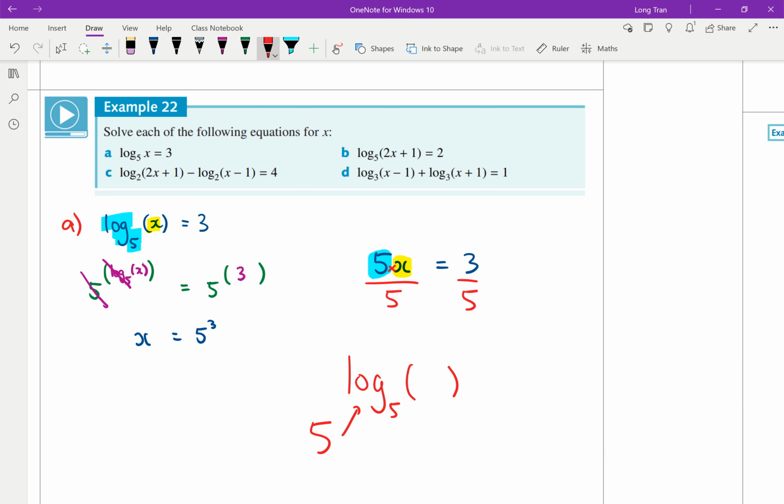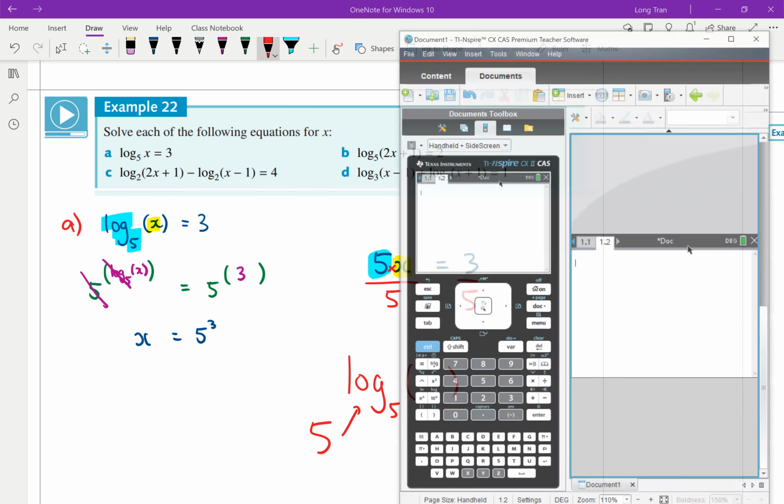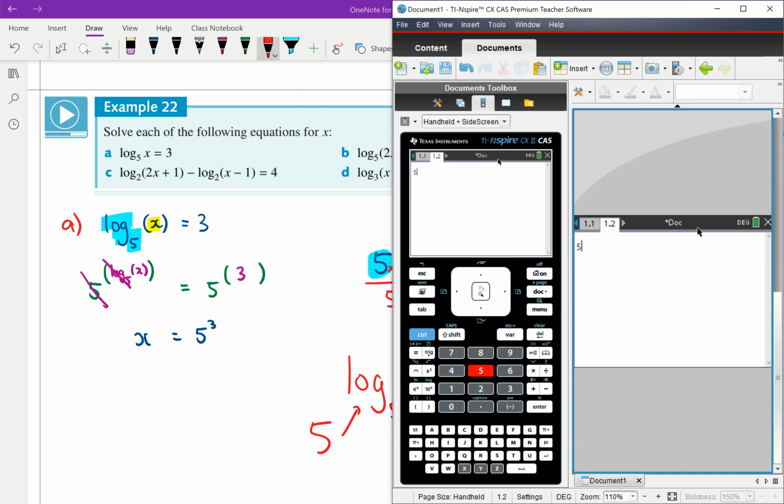Does that make sense? So if I go back to your calculator and show you, if I do 5 to the power of log base 5, they're going to cancel out. It doesn't matter what number is in here. So if I do 5 to the power of log base 5 of 3, the answer is going to be 3, because the 5 and the log 5 cancel out.